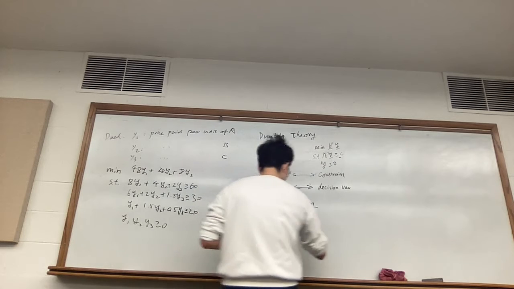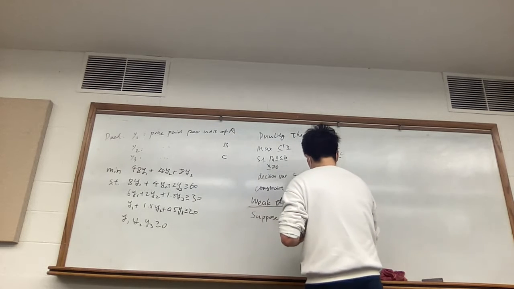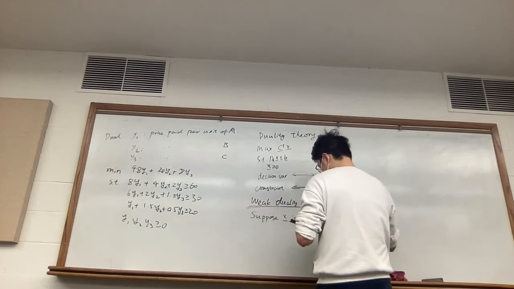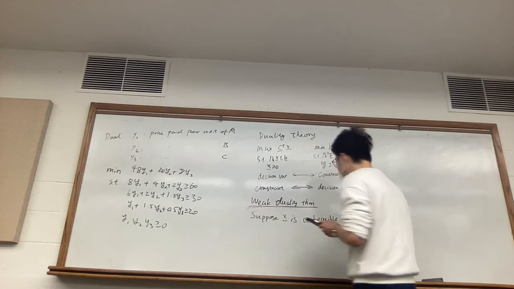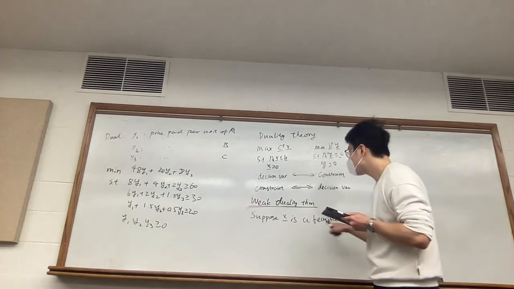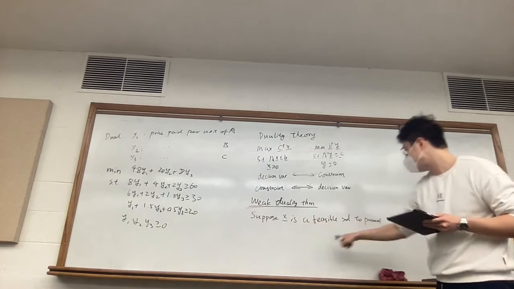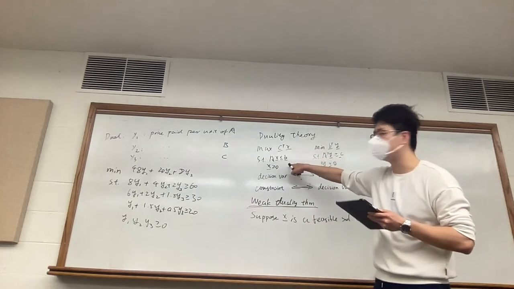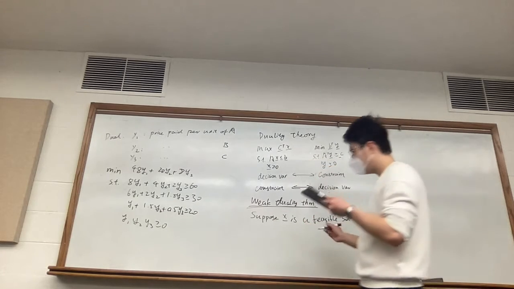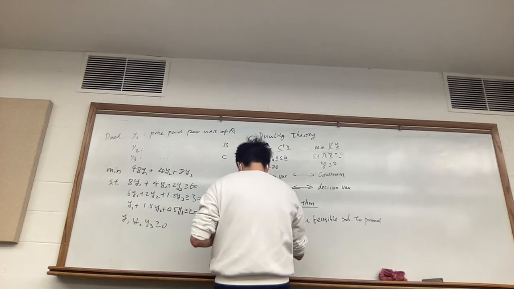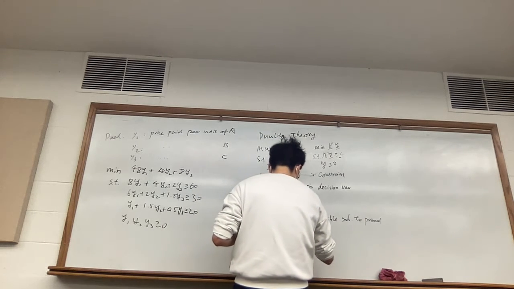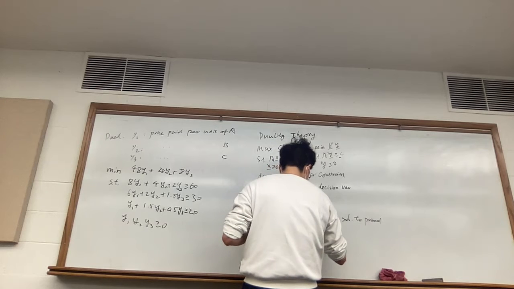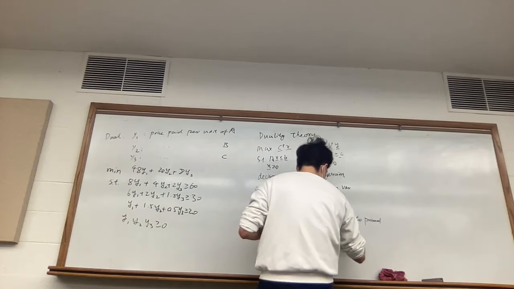Suppose X is a feasible solution to our primal problem, which is stated here, and Y is a feasible solution to the dual problem.